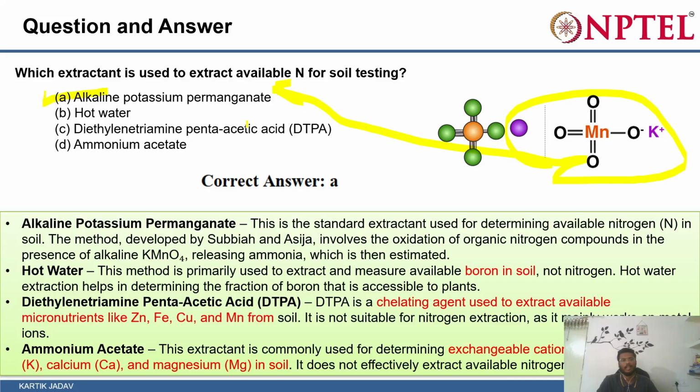So correct answer is A. While DTPA is a chelating agent used to extract micronutrients like zinc, iron, copper, and manganese. While ammonium acetate is commonly used for determining exchangeable cations such as potassium, calcium, and magnesium.